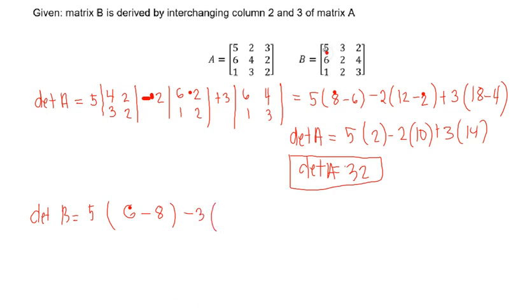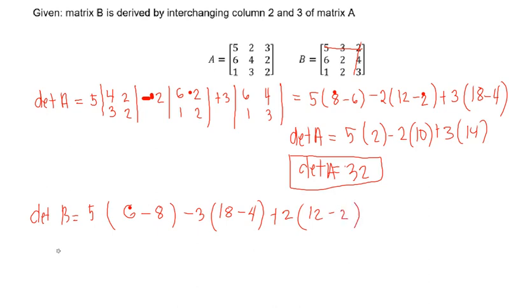So if we eliminate this, we have 6 times 3, that is 18, minus 1 times 4, that is 4. So we have plus 2. So if we eliminate this, we get 6 times 2, that is 12, minus 1 times 2, that is 2.